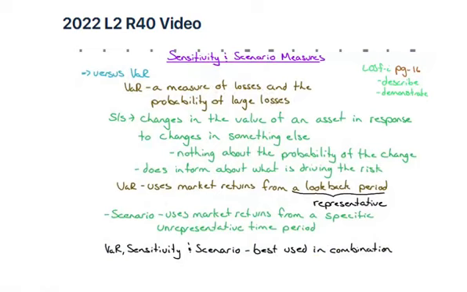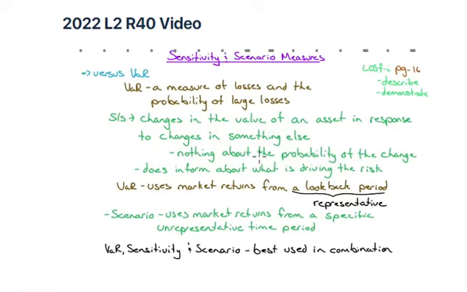Well, let's compare sensitivity and scenario measures to VaR. Value at risk gives us a measure of losses or expected losses in typical conditions on a going forward basis, and the probability of large losses. Sensitivity or scenario measures don't quite do that. They look at changes in the value of an asset in response to changes in something else, changes in the environment.